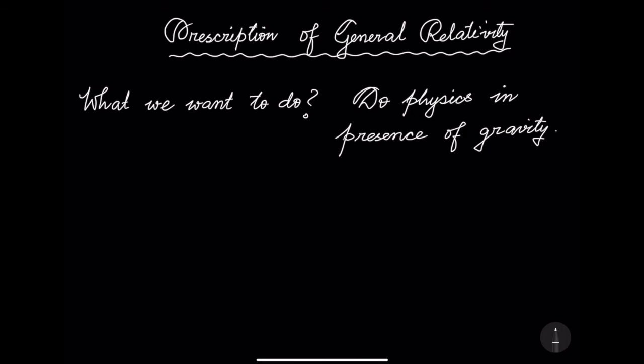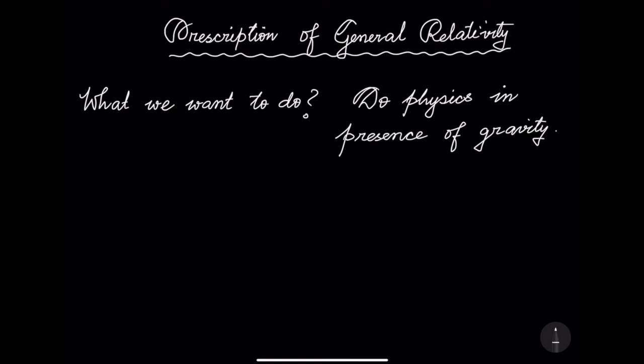And we also saw that if I ask how to do physics in presence of gravity, a uniform gravitational field is nothing but a uniform acceleration. So equivalently, we can also use this to look at things when there are uniform accelerations. So coordinate transformation between reference frames, where previously we could do only uniform velocity, now we also know how to do uniform accelerations. Now this is the question you are asking.